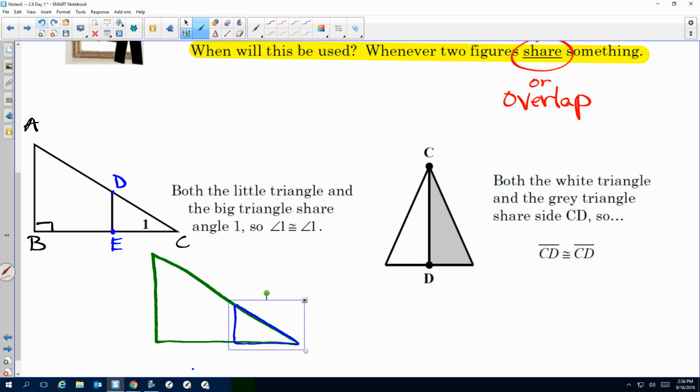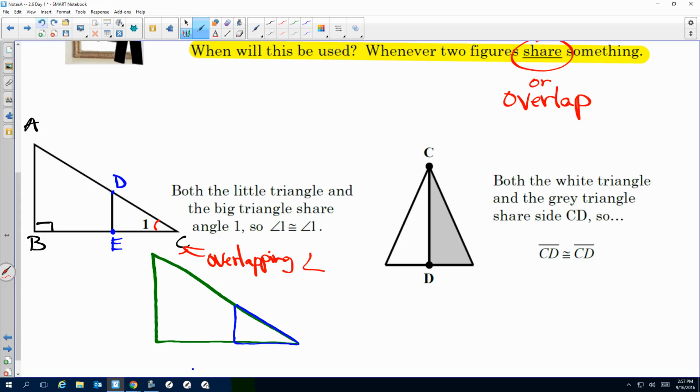So angle 1 right here is our shared angle in both triangles. They're overlapping. This is where the overlapping angle is.